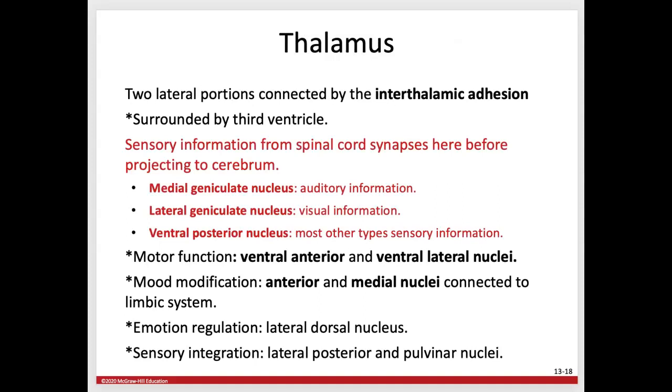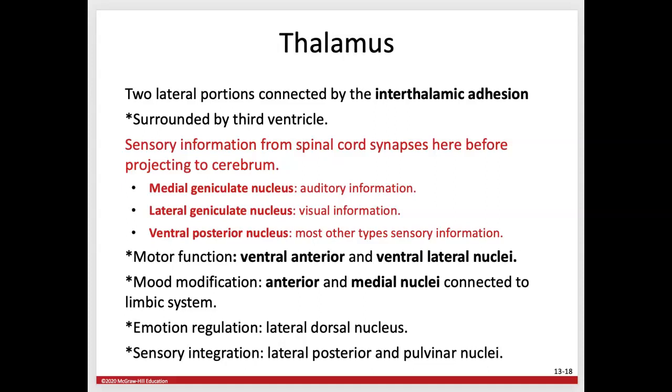But here we are. So the thalamus is the 2 lateral portions connected by the interthalamic adhesion. The thalamus is surrounded by the 3rd ventricle. Sensory information from the spinal cord synapses here before projecting to the cerebrum. So we have auditory information coming through, visual information coming through, and other sensory information, all kind of synapsing at the thalamus.